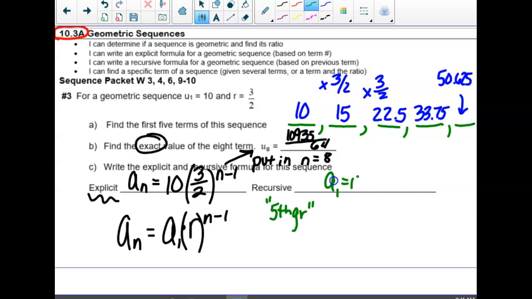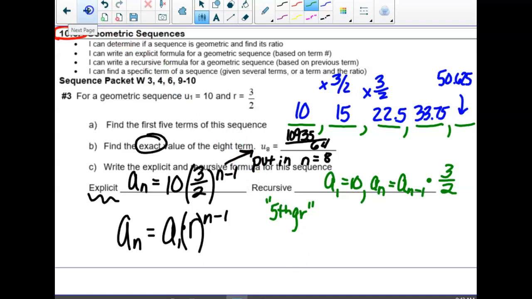A sub 1 was 10, and A sub n, should be a little subscript down there, equals A sub n minus 1, and then you tell them what we were doing on this one. Multiplying by 3/2 or 1.5. You can put the a sub 1 at the end, but you've got to have those two parts there. Any questions?